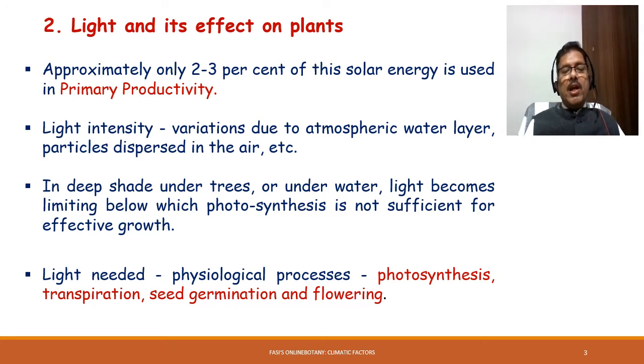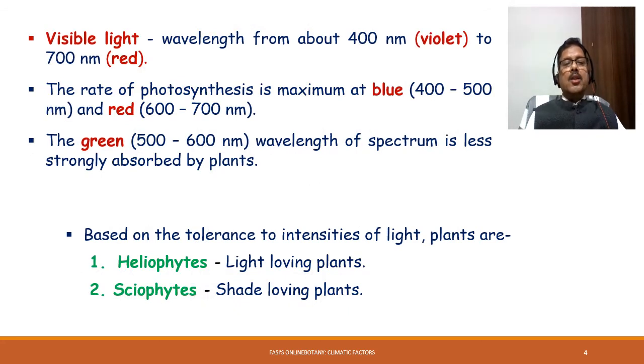Light is a well-known factor needed for the basic physiological processes of plants, such as photosynthesis, seed germination, transpiration, and flowering. The portion of sunlight which can be resolved by the human eye is called visible light.